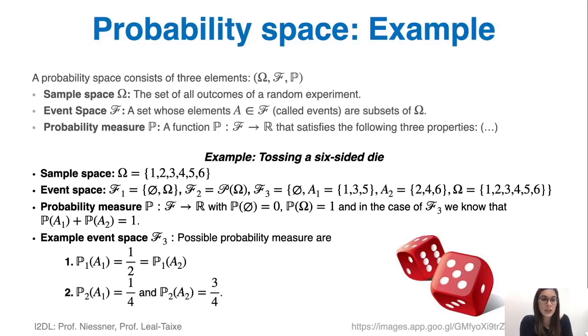Another possibility would be that we define our probability measure on A1 to be equal to 1/4 and our probability measure on A2 to be equal to 3/4. So this is also adding up to 1, but these are 2 different probability measures that you can define on the event space F3. So it depends on how you define your probability measure, of how your random experiment looks like. And this is the distribution that a random variable can take on.